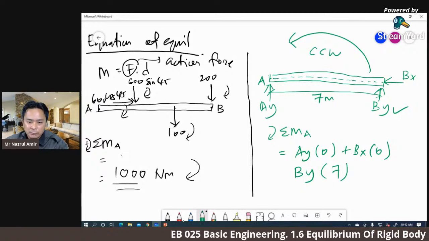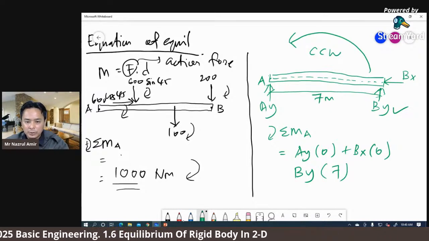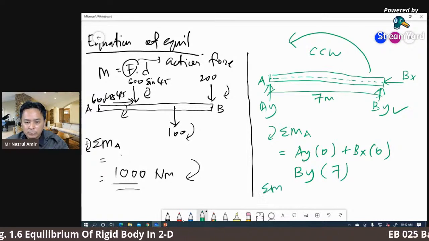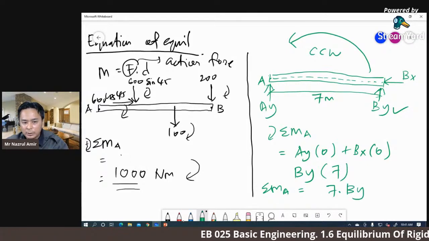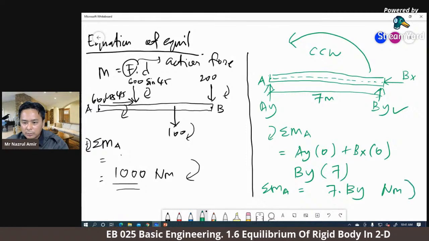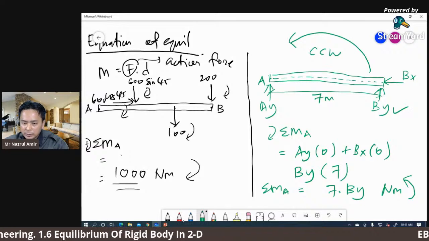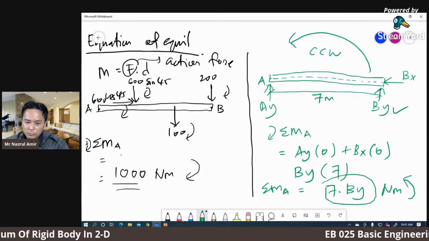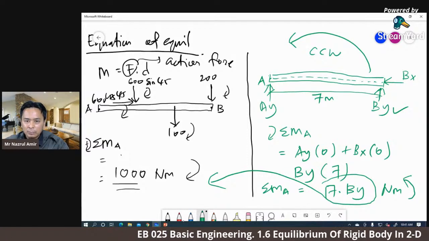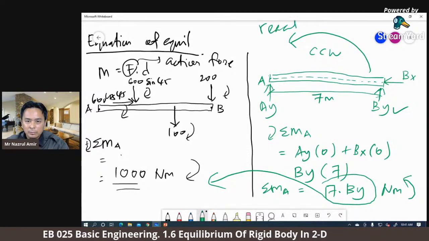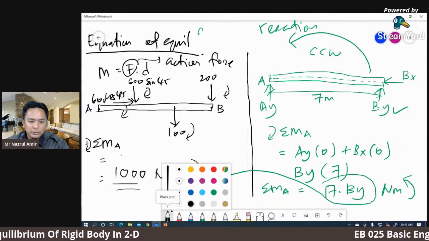Notice that this is opposite to the 1000 Newton meter. So we will get the summation of moment at A by reaction force equal to 7 By Newton meter, counterclockwise. By equilibrium, to achieve the equilibrium, this moment will oppose this moment. This is reaction. This is action, the black color action.